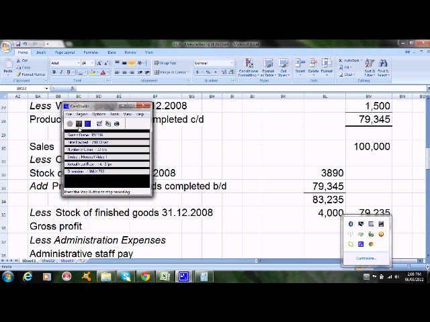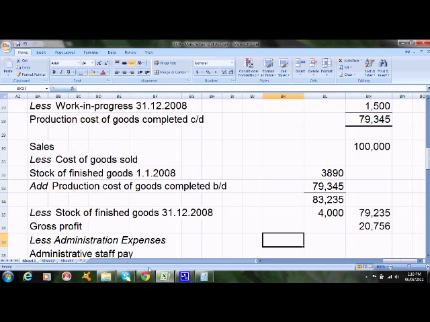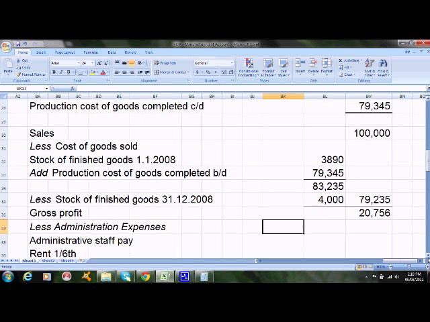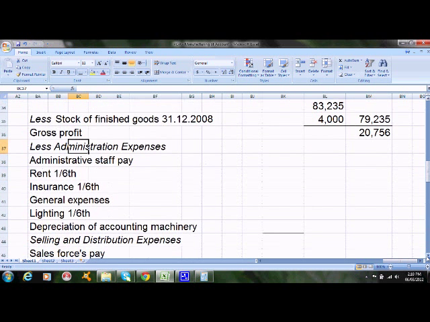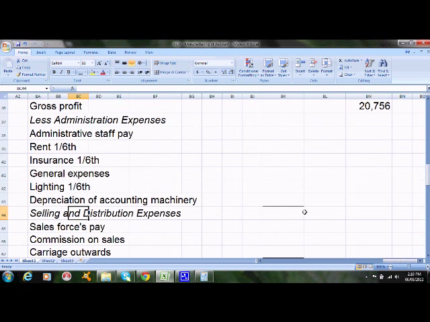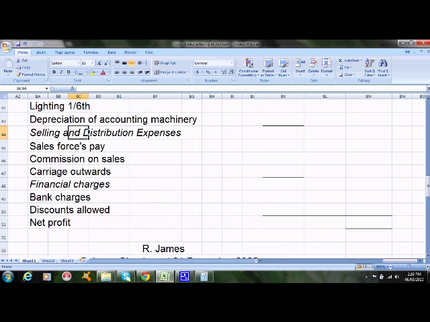Reinforcement, guys. Notice now that our expenses in the TPNL have been divided into three: administration, selling and distribution, and finance charges as well.